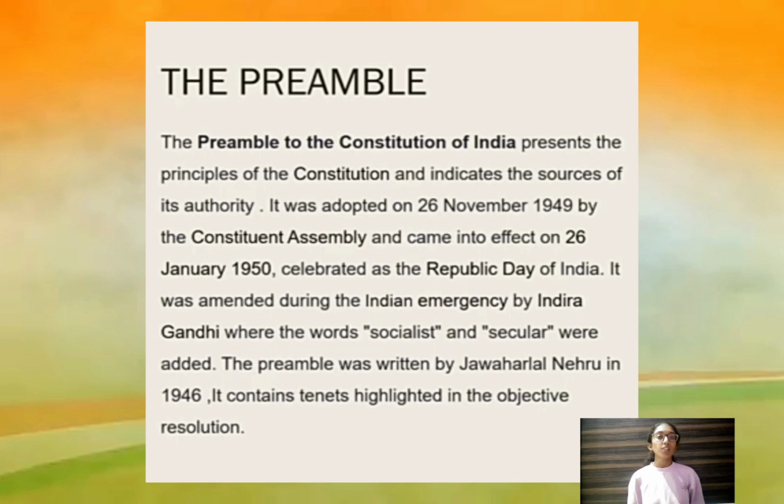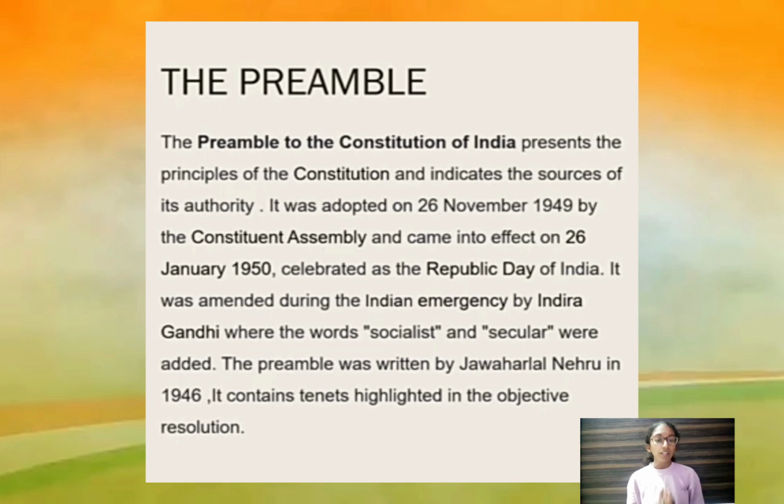Now let me tell you about the most important part of the Indian Constitution, that is the preamble. The preamble of the Constitution of India presents the principles of the constitution and indicates the source of its authority. It was adopted on 26th November 1949 by the Constituent Assembly and came into effect on 26th January 1950, and that day we celebrate as Republic Day of India.